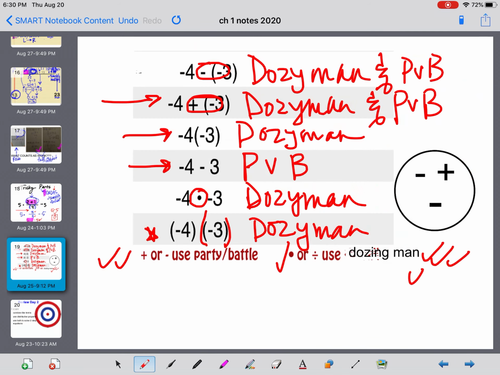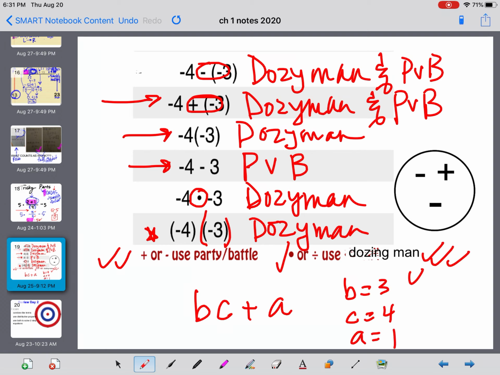Okay, that's it for today. There are a couple little things on your assignment. There are some things where you have to substitute. I gave you something like B, C plus A, and then I told you B equals 3, C equals 4, A equals 1.